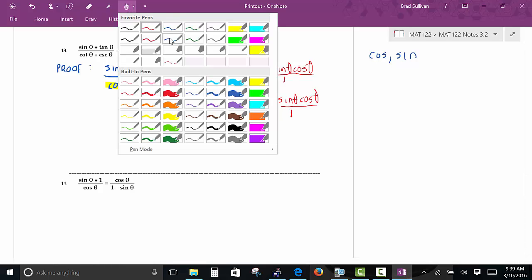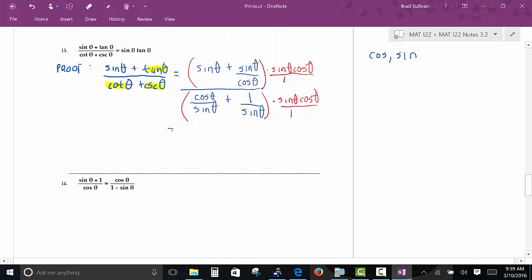Now, I find a lot of times in this class students don't have as much experience as I would like in working with complex fractions, so just look at this in your head. You're doing a distributive property. If you take sine cosine times sine, you're going to get sine squared theta times cosine theta. Do that in your head. Now, if you look at this part of the problem right here, the cosines cross out, so you're left with sine squared theta. You can process that in your head.